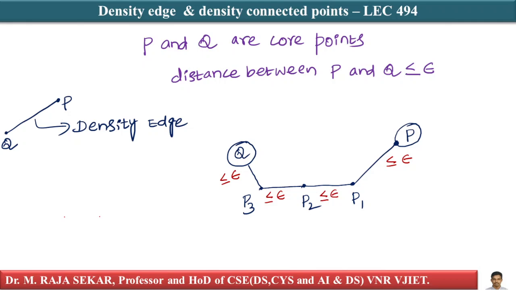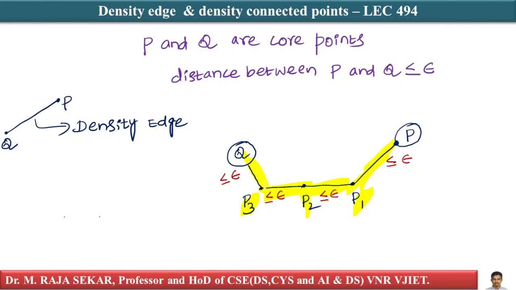P and Q are said to be density connected points if there exist other points P1, P2, P3 such that there is a density edge between P and P1, a density edge between P1 and P2, a density edge between P2 and P3, and a density edge between P3 and Q.